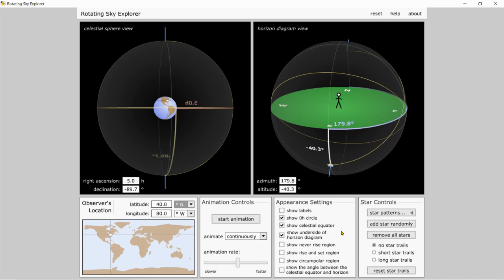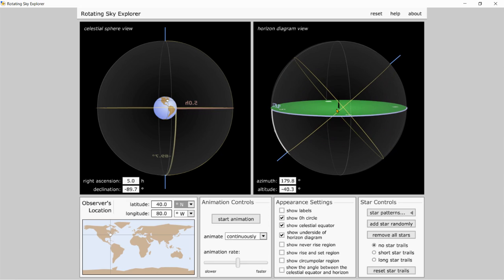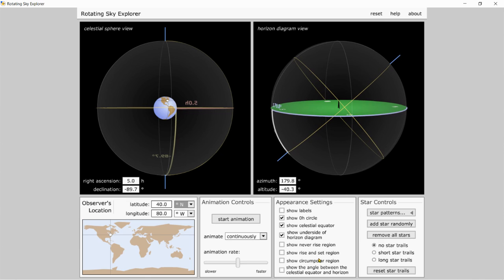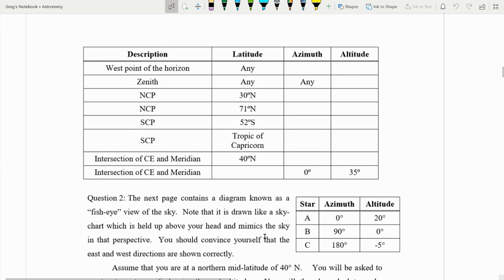And then we should be able to click on these right here. This is what we're looking for. Okay, here's a celestial equator and the meridian. So let's take a star. Let me look at this question one more time. Intersection 40 degrees north.